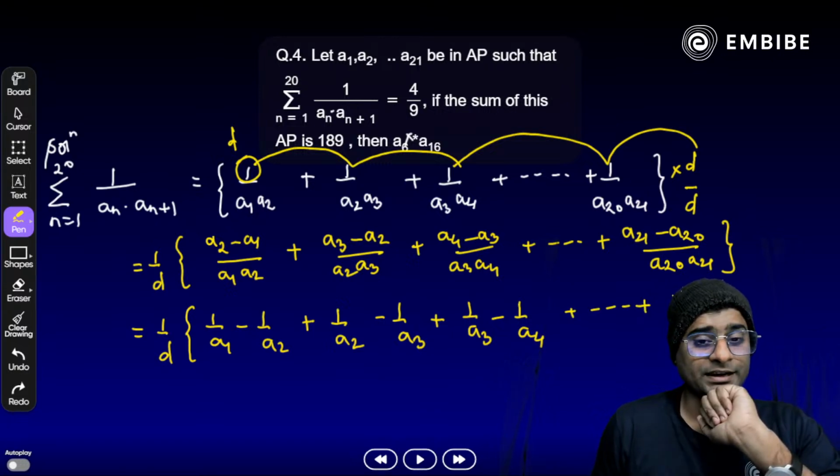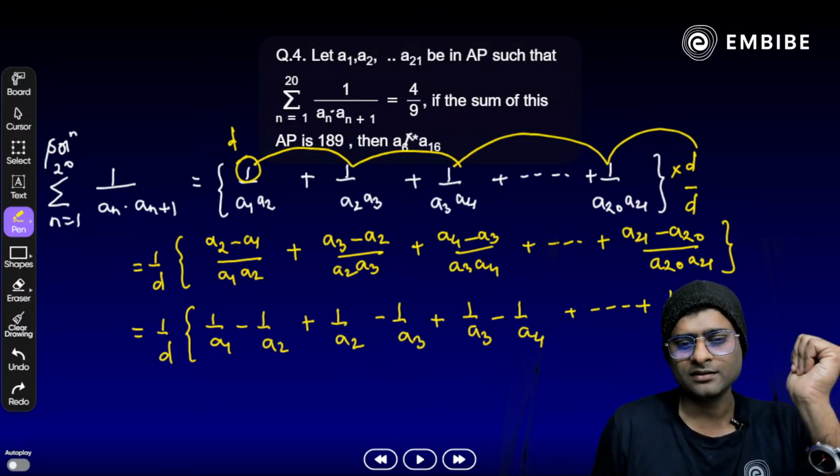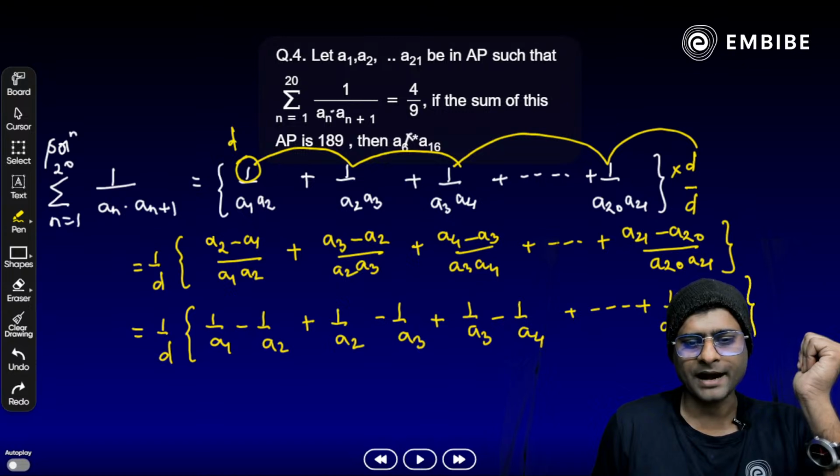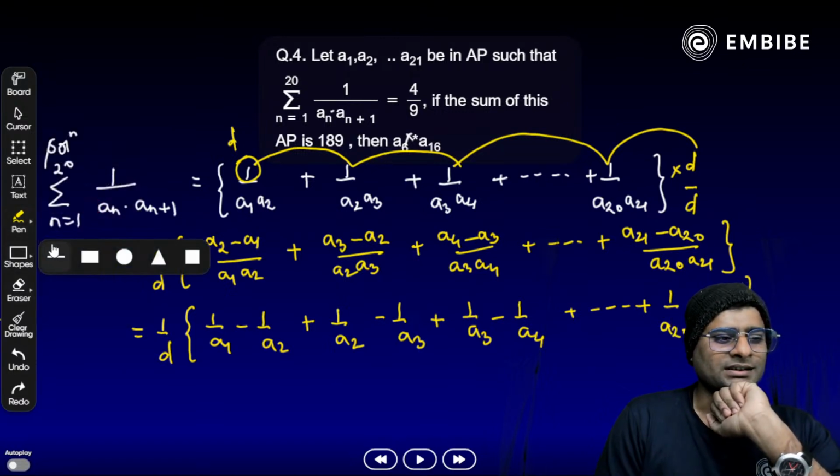Yes, at last what we get here, 1 by a20 minus 1 by a21 bracket close here. Easy.